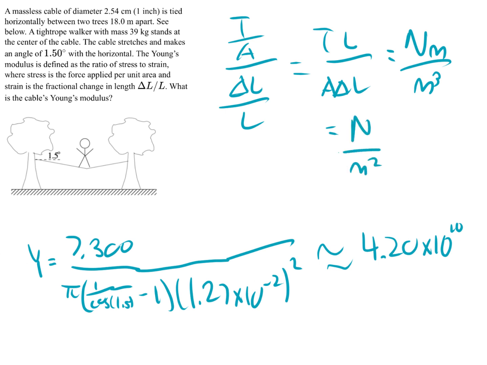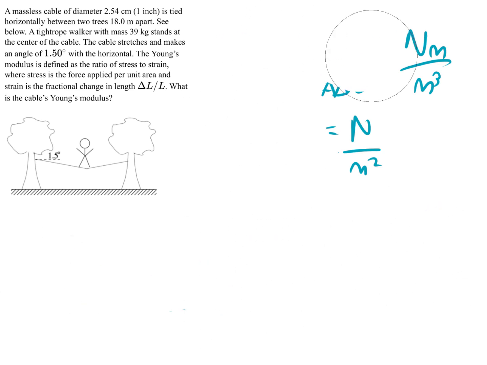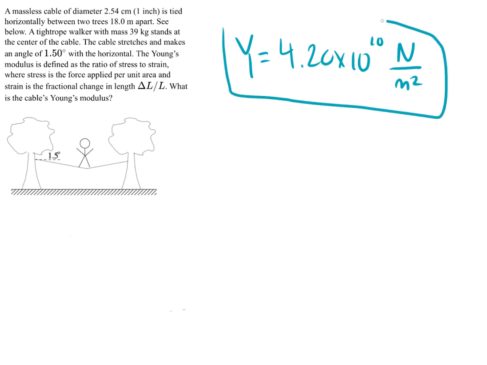So that's our unit. So the Young's modulus for this cable is 4.20 times 10 to the 10th power newtons per square meter. And that is how you would solve this problem here.